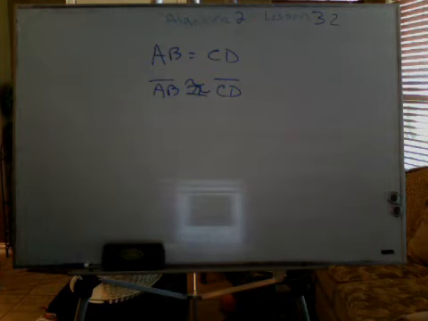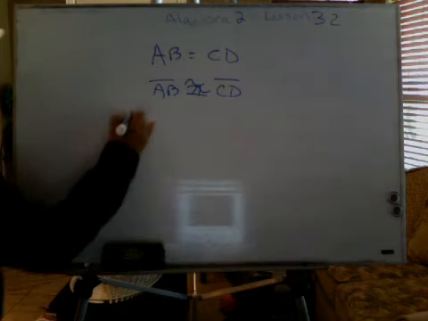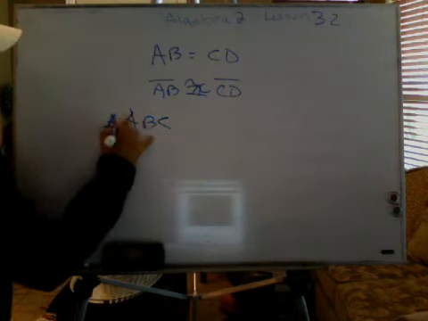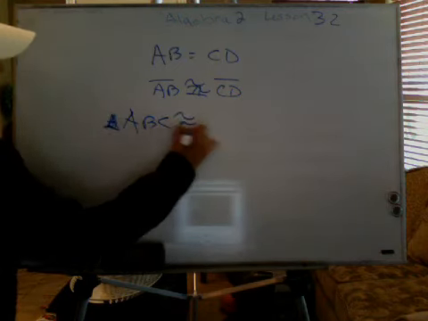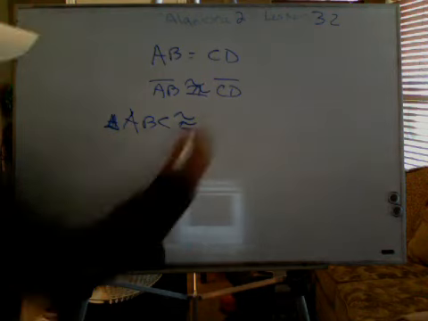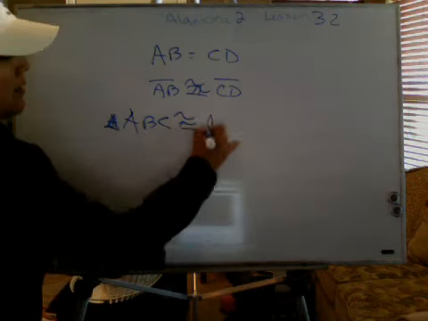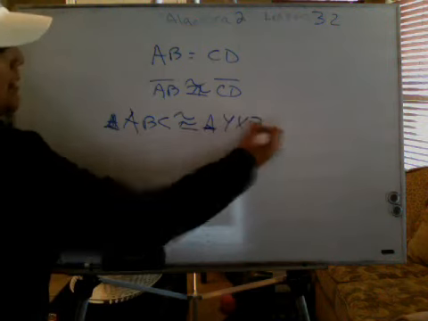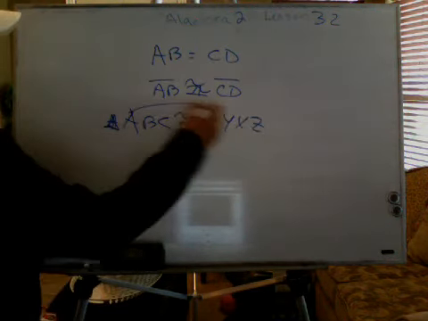Note the corresponding vertices: since we started with A, its corresponding vertex is Y, so we also start with Y. You've got to keep them in the same order. So we said triangle ABC is congruent to triangle YXZ.